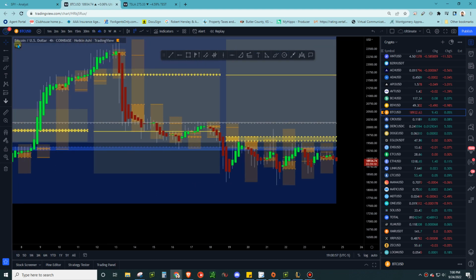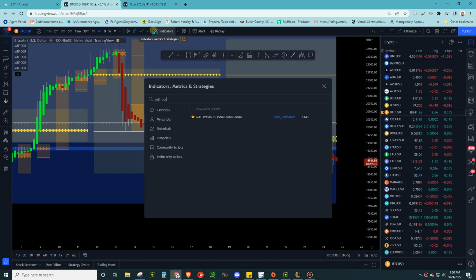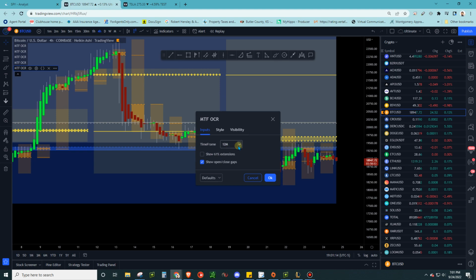It is going to be using the multiple time frame open close range. All you do is type in MTFOCR, and you'll come up with this one from Pro Indicators. It's a really good indicator, and I put 5 of them on there, and on each one you can select the time frame.